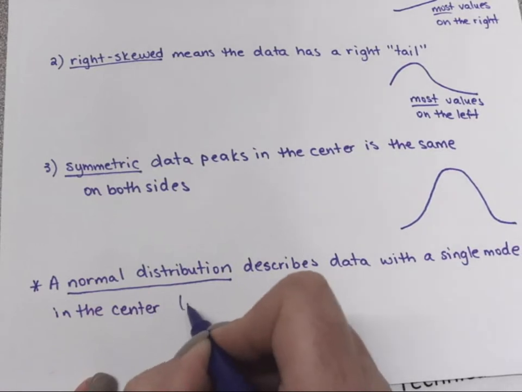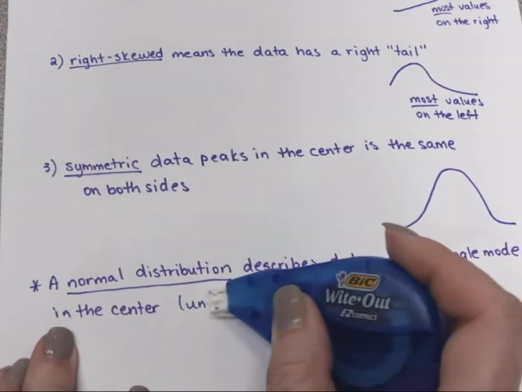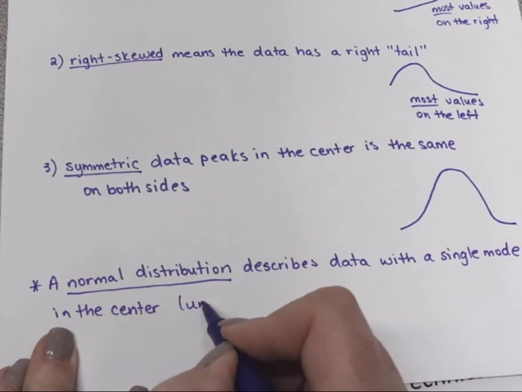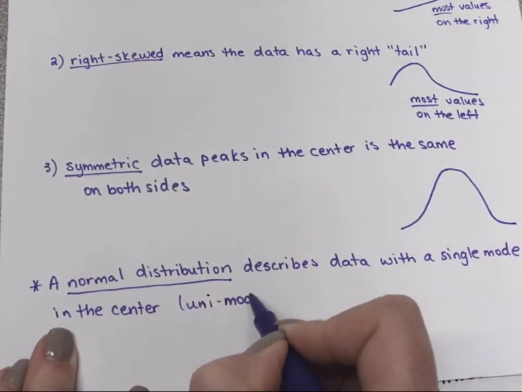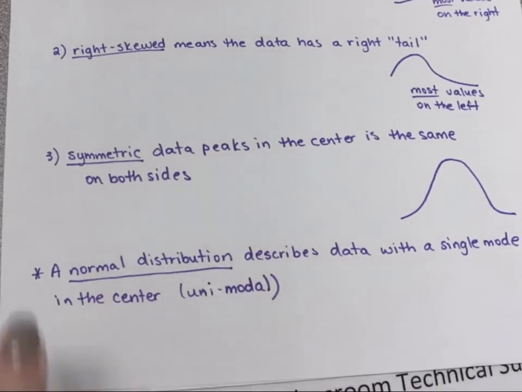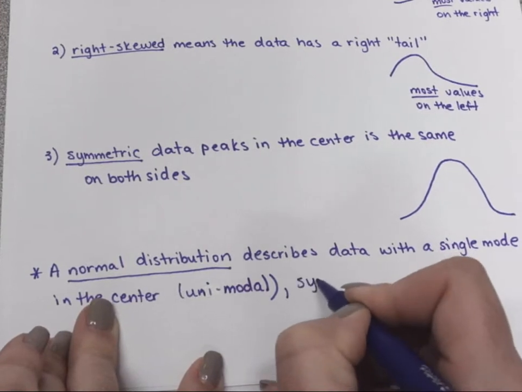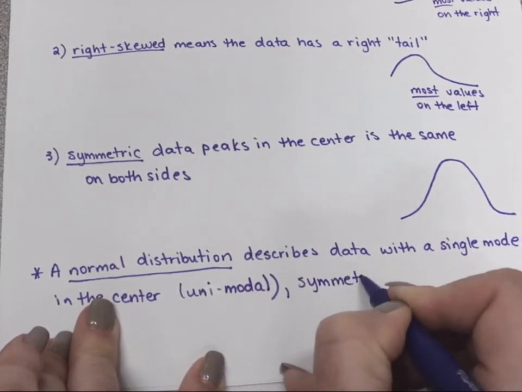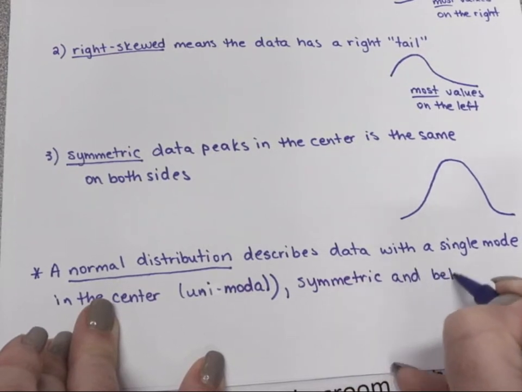So we can have bimodal, but when there's one mode, it's called unimodal. You know, the prefix uni means one, kind of like a unicycle has one wheel, right? So if it's unimodal or one modal, it'll also be symmetric, and it will be bell-shaped.